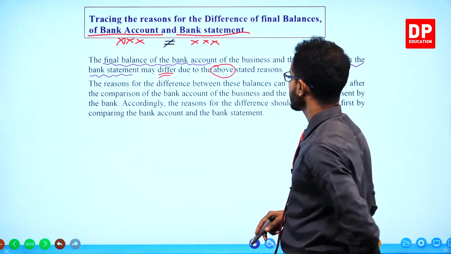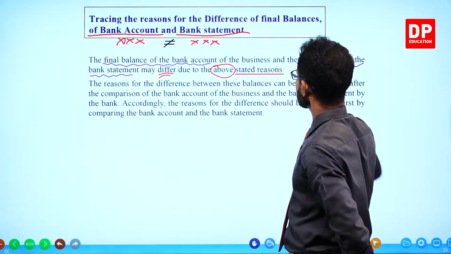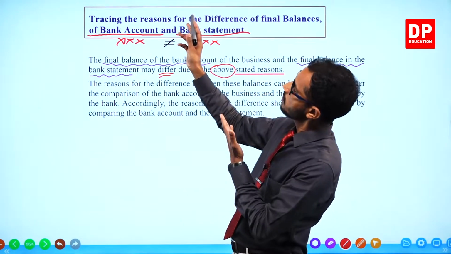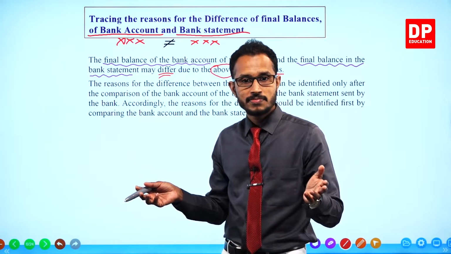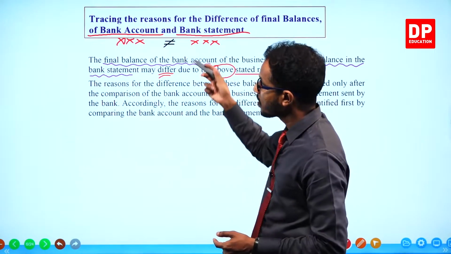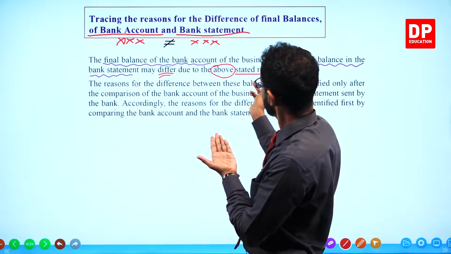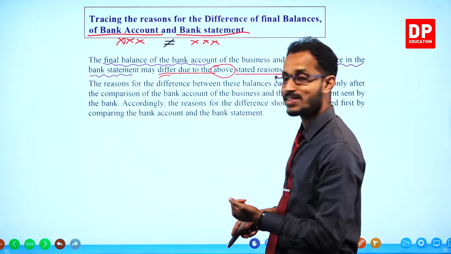Above stated reasons. What are these above stated reasons? Nothing is above. Reasons are not above. But here it says above stated reasons.